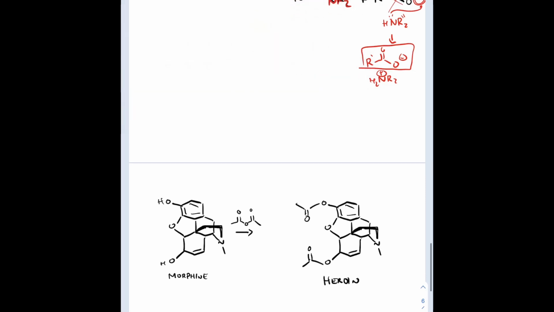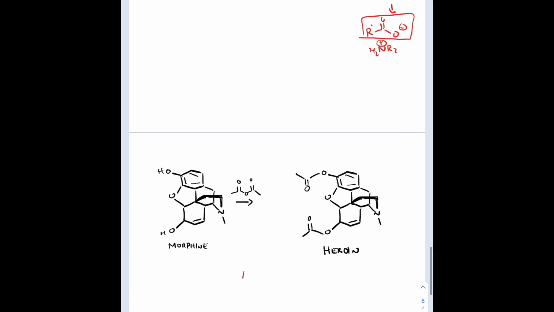Those two reacting with an anhydride pretty much results in the formation of a new ester or carboxylic acid. And so that's exactly what happens in the presence of acetic anhydride. And this turns out to be the structure of heroin.